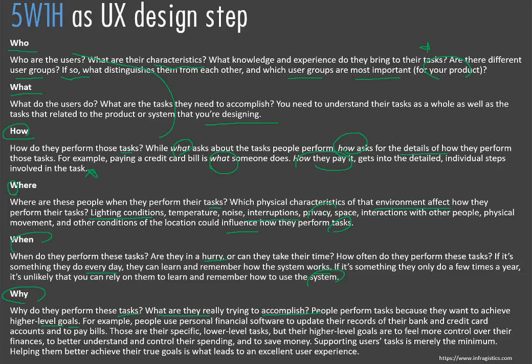Well, those are their specific lower level tasks, but their higher level goals are to feel more control over their finances, to better understand and control their spending, and to save money. Supporting users' tasks is merely the minimum. Okay, so helping them better achieve their true goals is what leads to an excellent user experience.